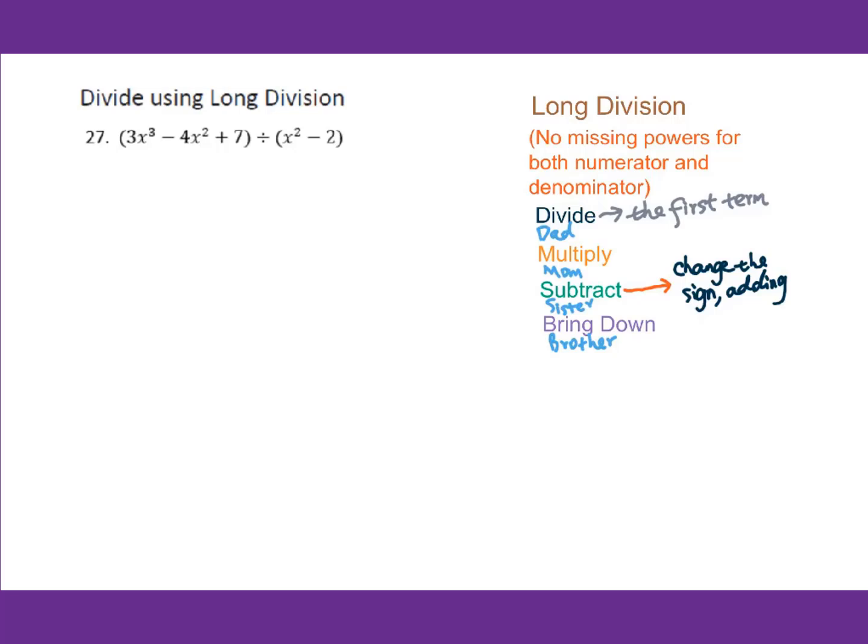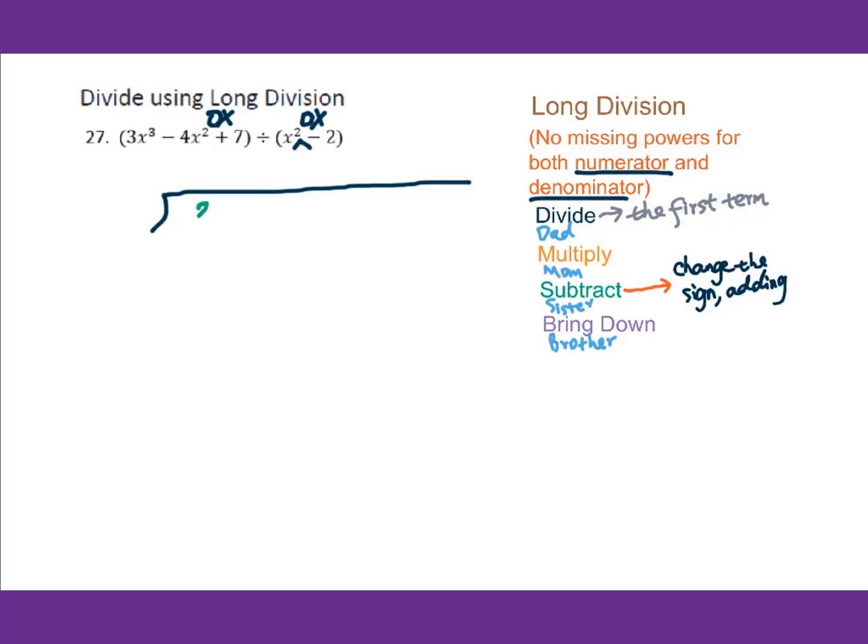Now let's go to number 27. We do long division, but remember, no missing power for both numerator and denominator. We got 3x third, negative 4x squared. We need a 0x here. For denominator, we need a 0x also.